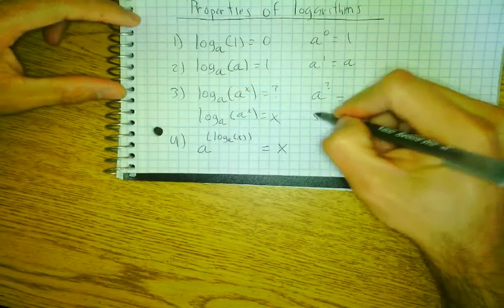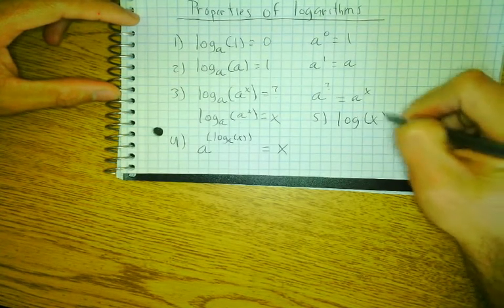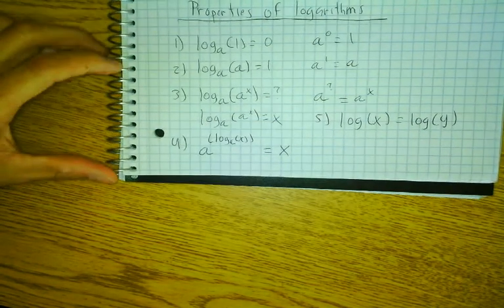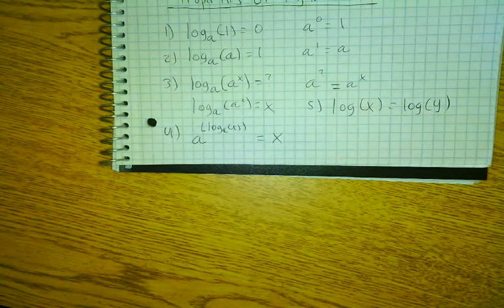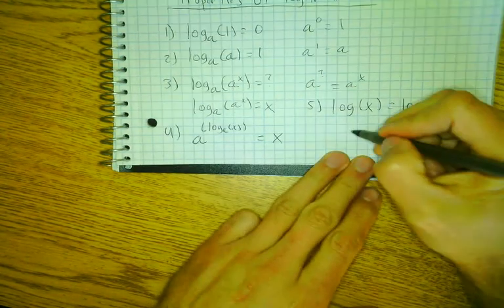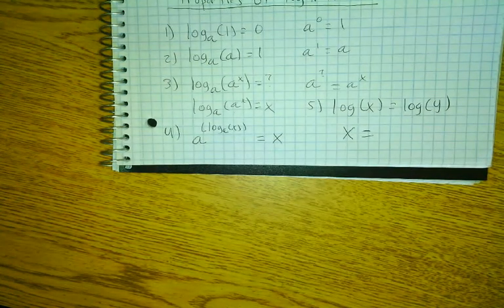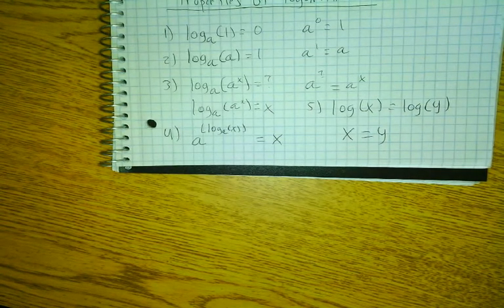The last one that we'll talk about is this one. Let's say that you have logarithm of x equals logarithm of y. By the way, what base is there? 10, right? It could be any base that I wanted. I'm just going to write it like that. Tell me logically then, what is x equal to? Can you tell me why that would be true?